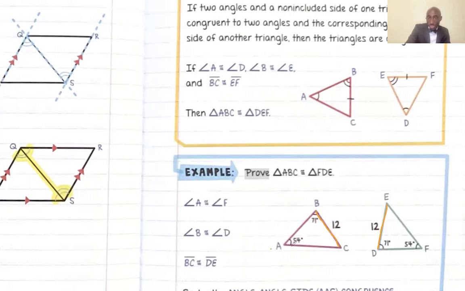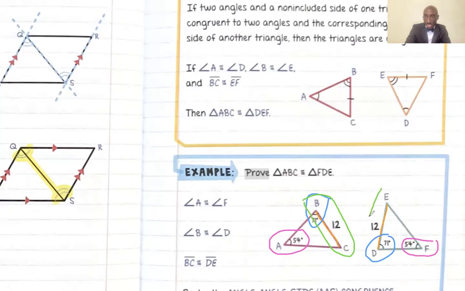So let's see it. Angle A is congruent to angle F. So far, so good. Angle B is congruent to angle D. And then side BC is congruent to side DE.